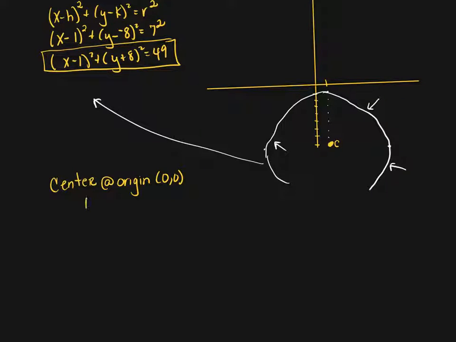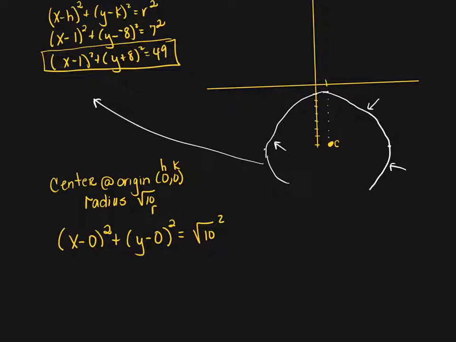And our radius is the square root of 10. Now, as I see here, this is my h, this is my k, this is my r. So let's just plug in: (x - h)^2 + (y - k)^2 equals the radius squared.